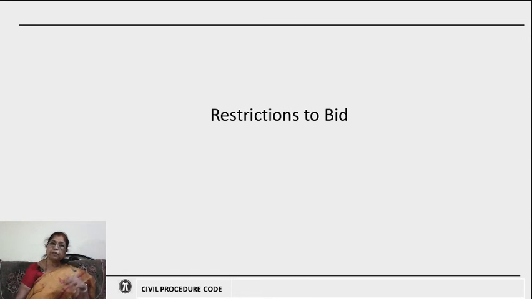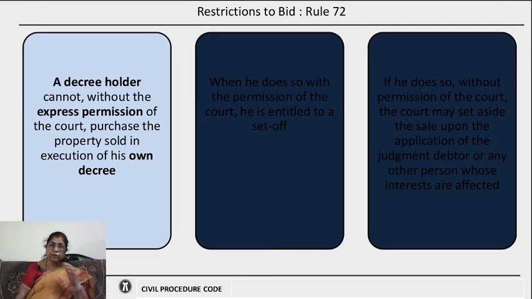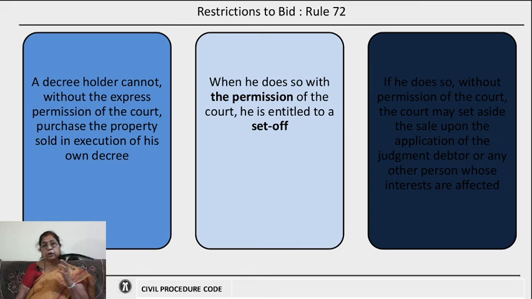Then there are some restrictions on certain persons to bid in the sale. First of all, Rule 72 says that a decree holder cannot purchase the property sold in execution of his own decree unless he obtains the express permission of the court. Suppose the court gives him permission, then he is entitled to a set off.